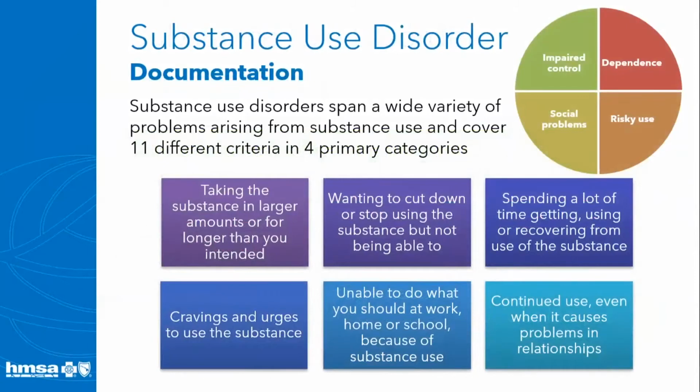Substance use disorders, like anxiety, depression, and sleep disorders, span a wide variety of problems arising from substance use and cover 11 different criteria. The 11 criteria outlined in the DSM-5 can be grouped into 4 primary categories: physical dependence, risky use, social problems, and impaired control.